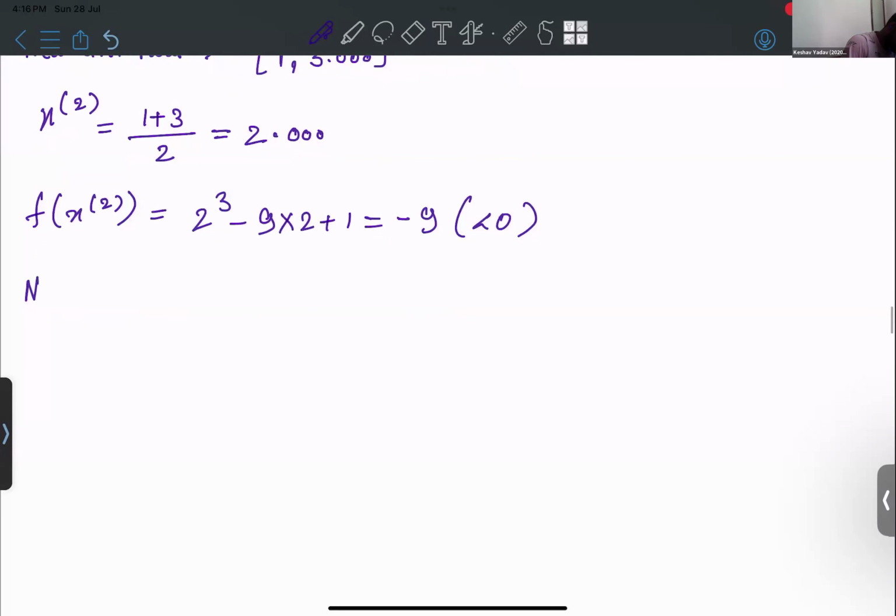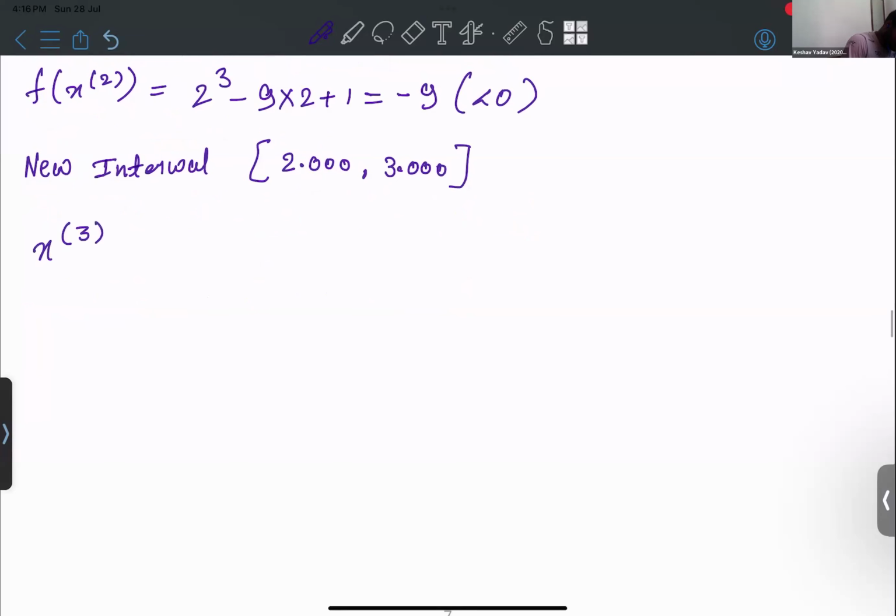So the new interval will be 2.000 comma 3.000.